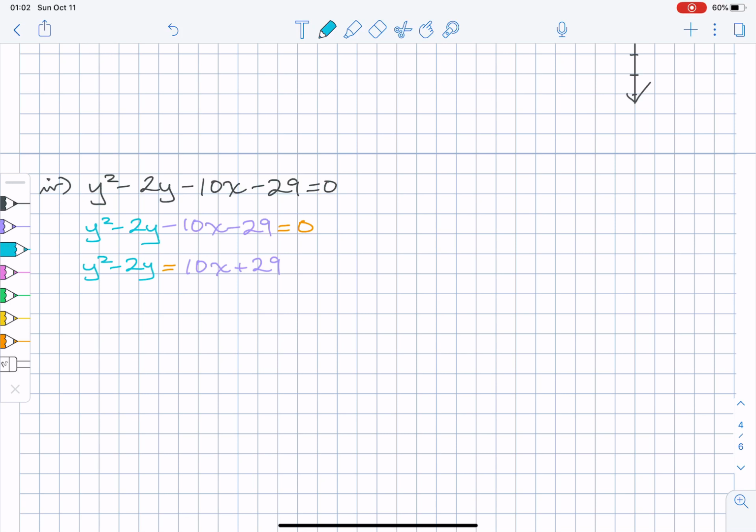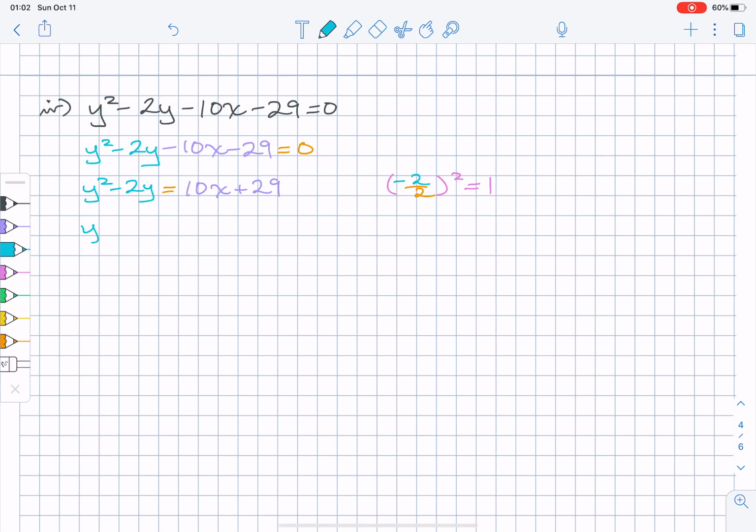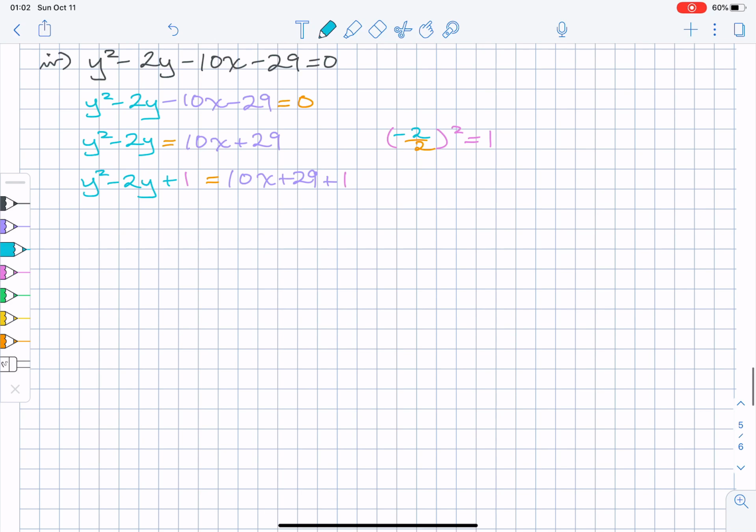Now let's take half the linear coefficient and square the result. So we get 1. So I'll just add 1 to both sides. So y squared minus 2y plus 1 is equal to 10x plus 29 plus 1. So 10x plus 30. So on the left, we factor as y minus 1 quantity squared is equal to, factoring out a 10, x plus 3.